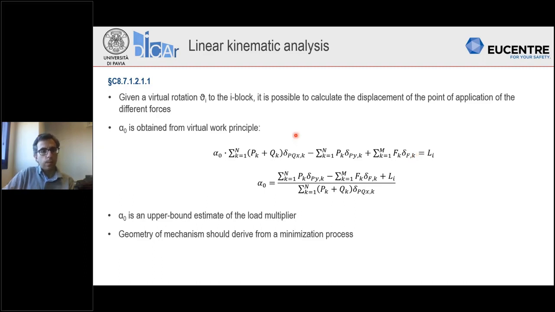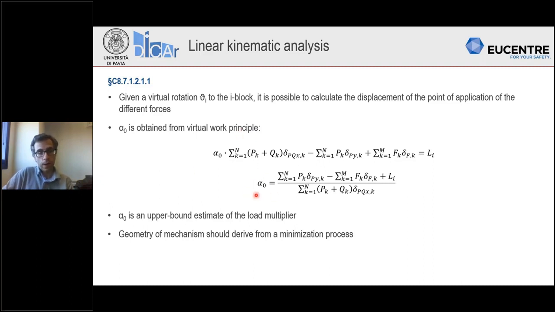Given a virtual rotation to each block, it is possible to calculate the displacement of the point of application of all the different forces, and then alpha 0 is obtained using the virtual work principle, or also considerations based on equilibrium at least for simple mechanisms.